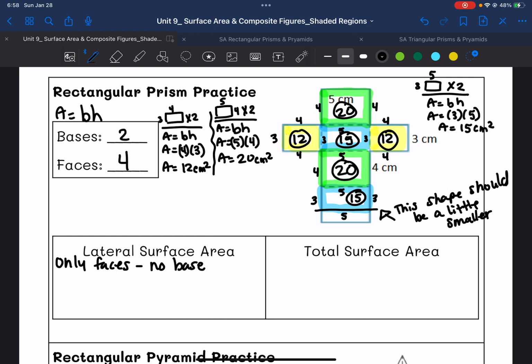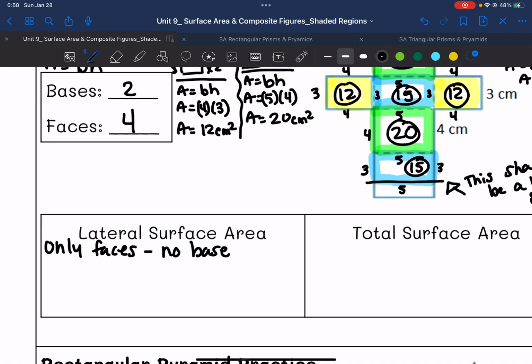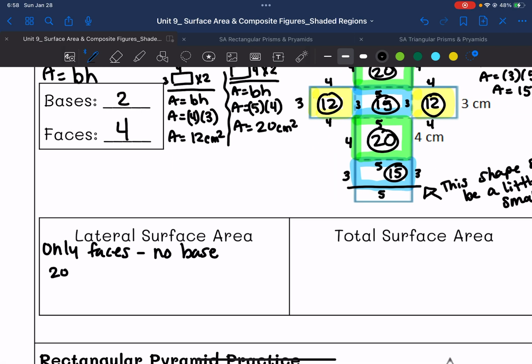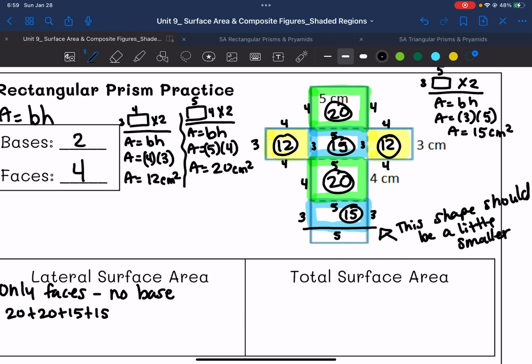Now, what you can do is either add them. So over here, I would do 20 plus 20 plus 15 plus 15. Or you can use the work that you've already done of finding the areas of each type of rectangle. What we are looking at is the 5 by 4 and the 3 by 5. So here is the 5 by 4 right here.